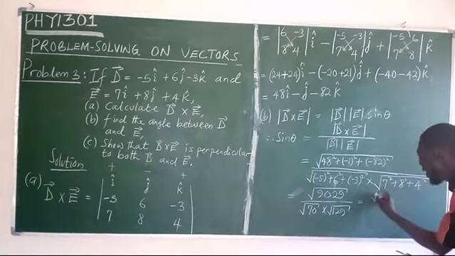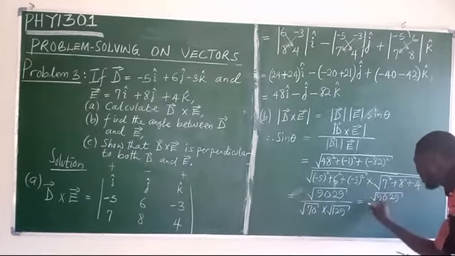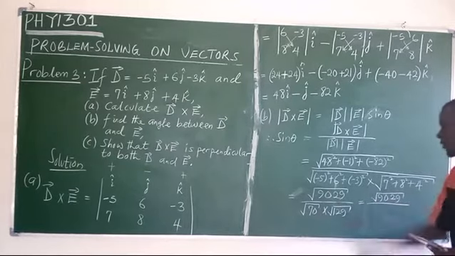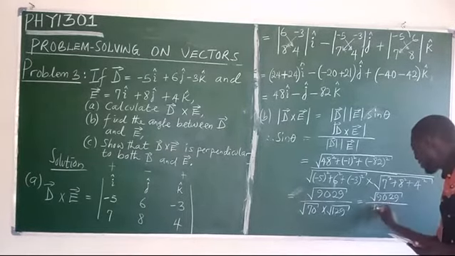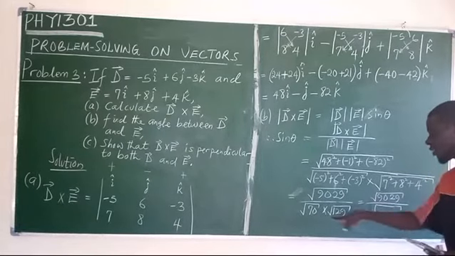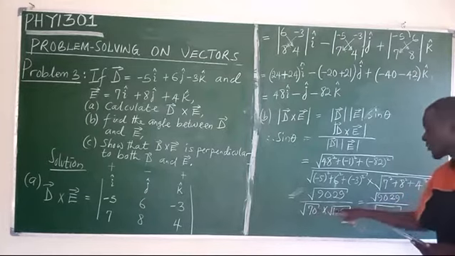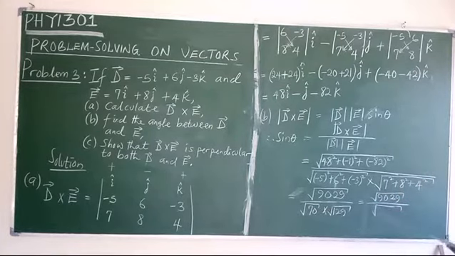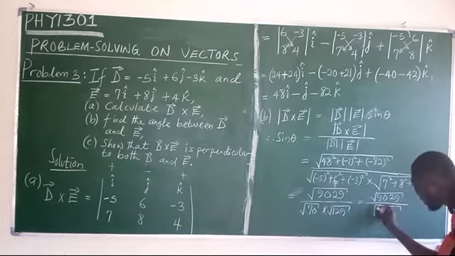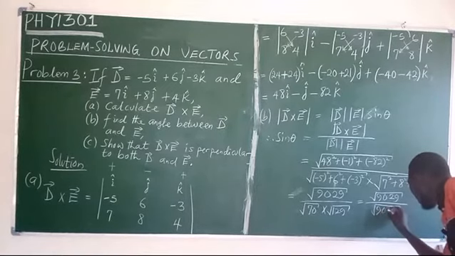Next, I have square root of 9029. Okay, this is my numerator. For the denominator, since I am multiplying and these values are all inside a root, I will just put 1 square root and multiply the 2. So I will only say 70 multiplied by 129, and this will be 9030.